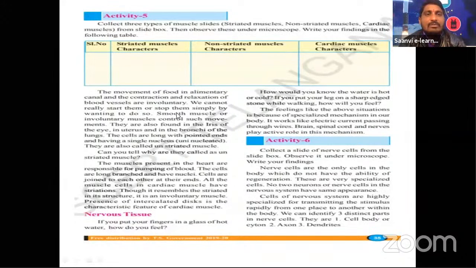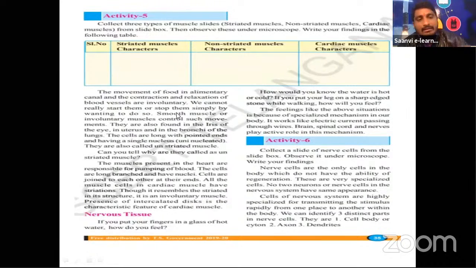It is hard to collect all this, so surgical laboratories provide permanent slides, prepared with precautions and a systematic procedure. Observe these under a microscope and write your findings in the following table.